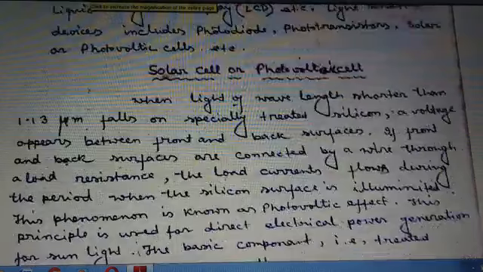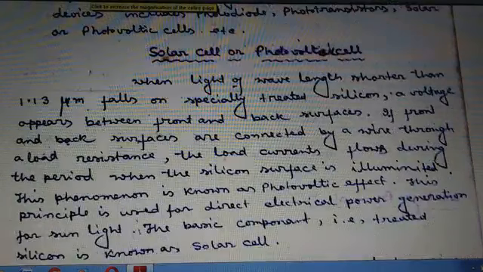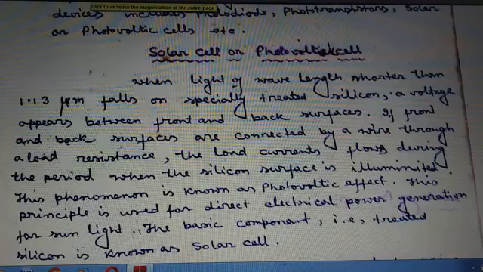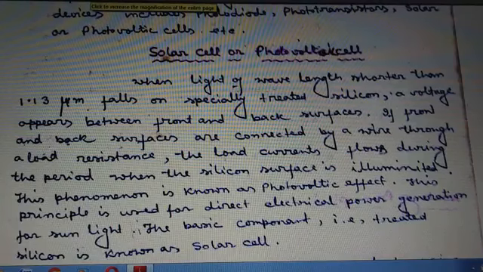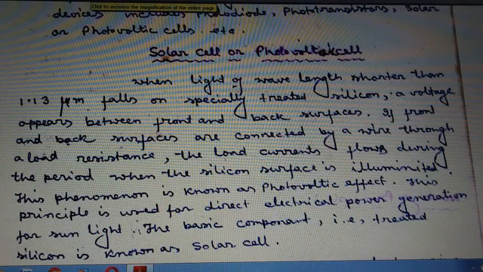Now, the solar cell or photovoltaic cell. At first I am discussing the solar photovoltaic technology. Solar photovoltaic, that is SPV, is a field of solar energy utilization by which solar radiation or sunlight is converted into electricity or electrical energy using a device called a photovoltaic cell or solar cell.